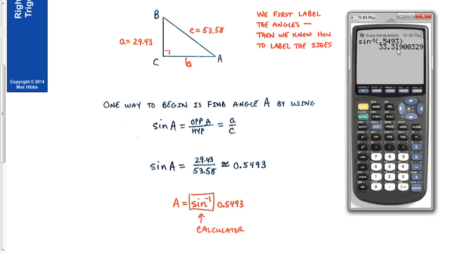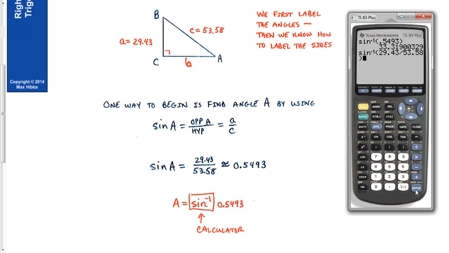degrees. Now, just to show you that we could have done this all at once, in fact, it may be a little more accurate if we do this. For the inverse sine, second sine, and now we take 29.43 divided by 53.58, and then close the parentheses.